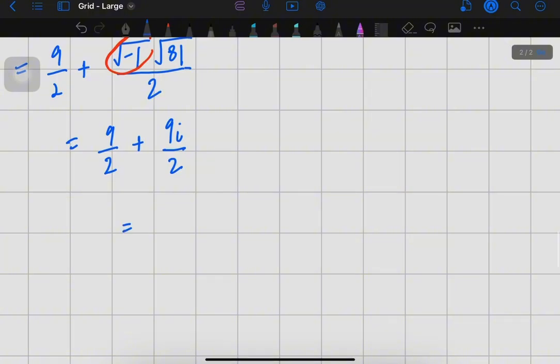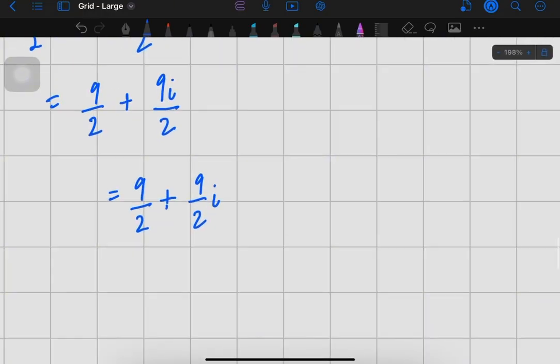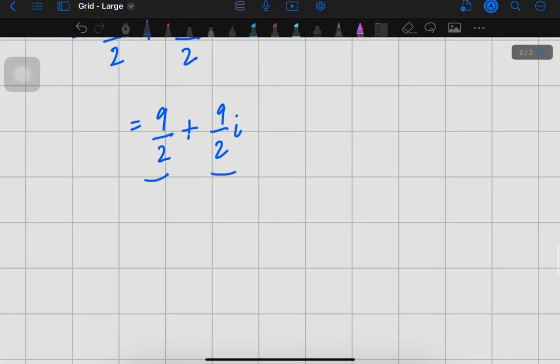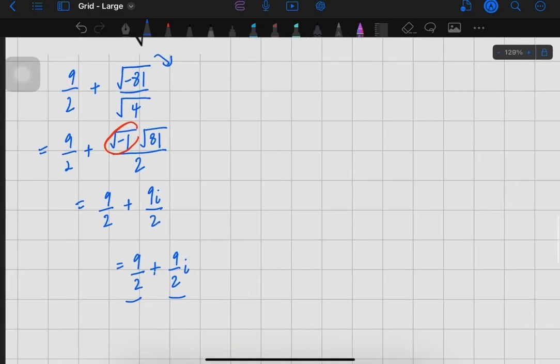The final answer is 9/2 plus 9/2 i. So 9/2 is a real number, but 9/2 i is a coefficient times the square root of -1, so it is not a real number.